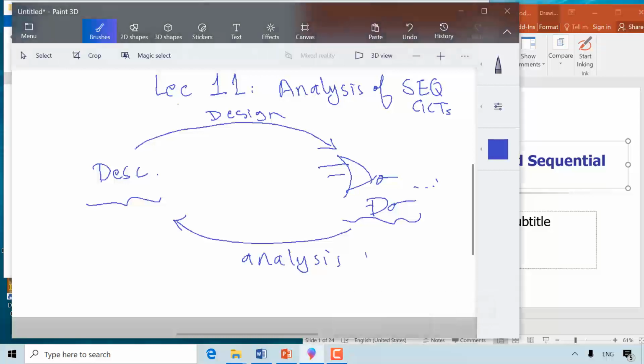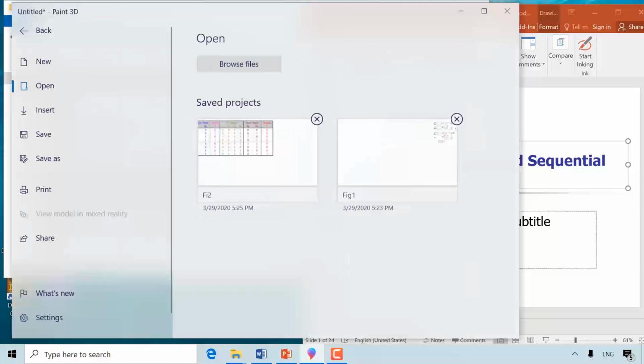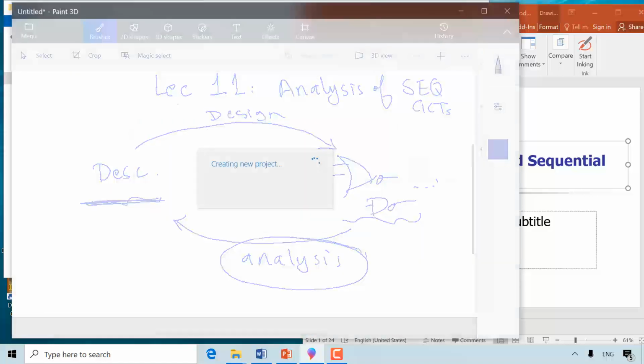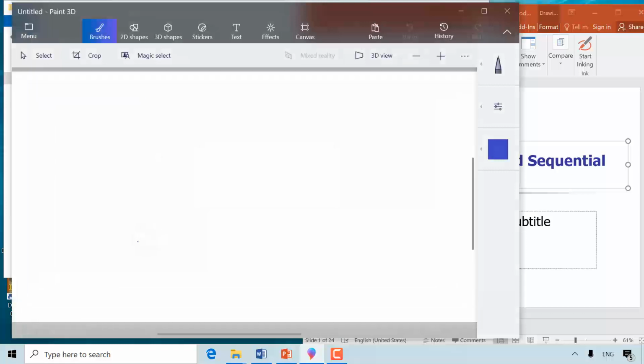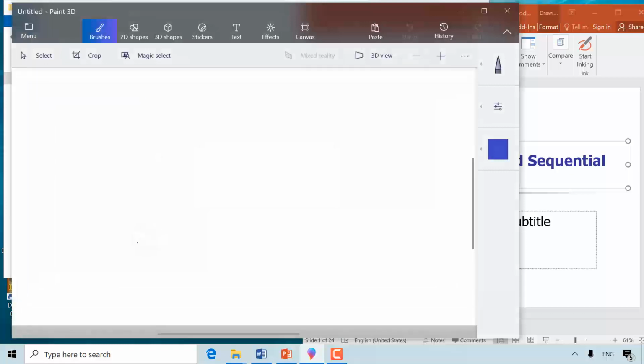Okay, so what we are going to do in this lecture is more of the analysis, meaning that we will have the circuit and we will try to describe the sequential circuit. Now, the question is, how do you describe a sequential circuit? Before, we looked at how we described a combinational circuit.